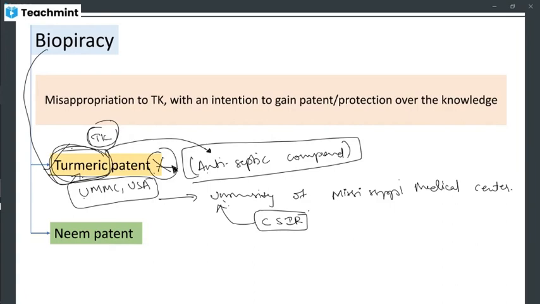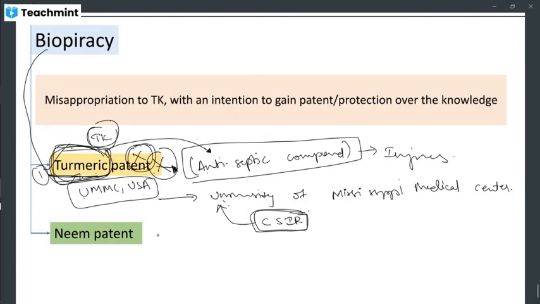So every Indian household, everyone knows that turmeric has antiseptic properties and it can be applied in the time of injuries, right? So with the involvement of CSIR, the University of Mississippi Medical Center revoked this. They cancelled the patent on the turmeric, right? So this is one example of biopiracy.